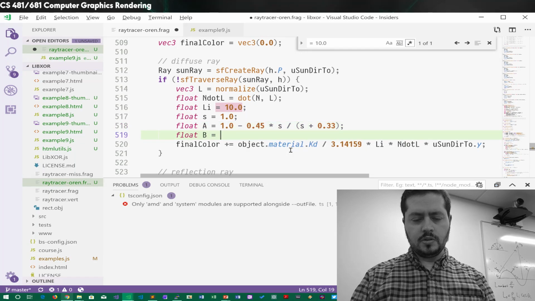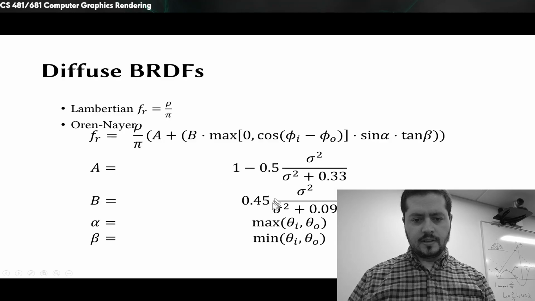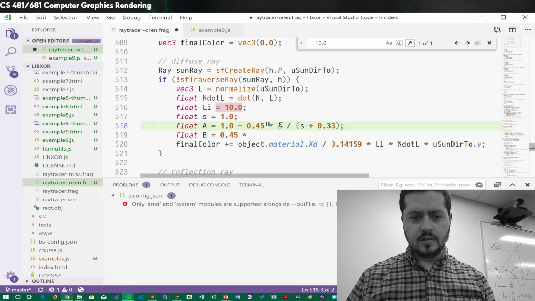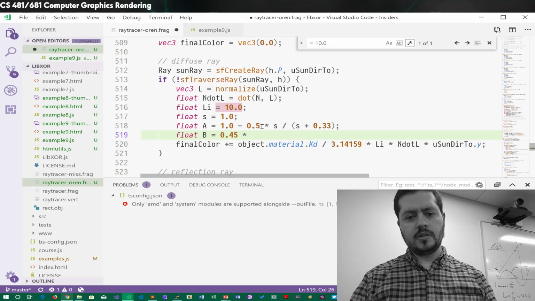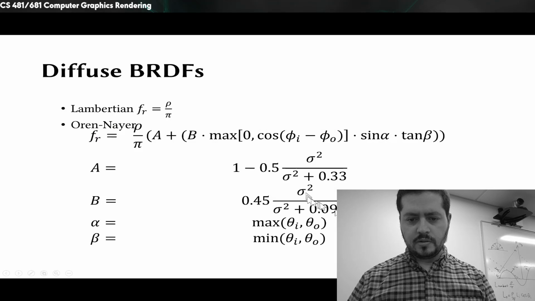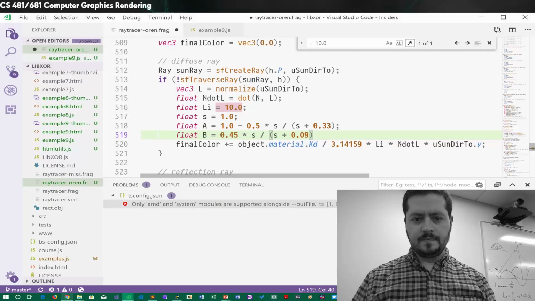And b equals 45. B equals s over, I want to say it's 0.09.